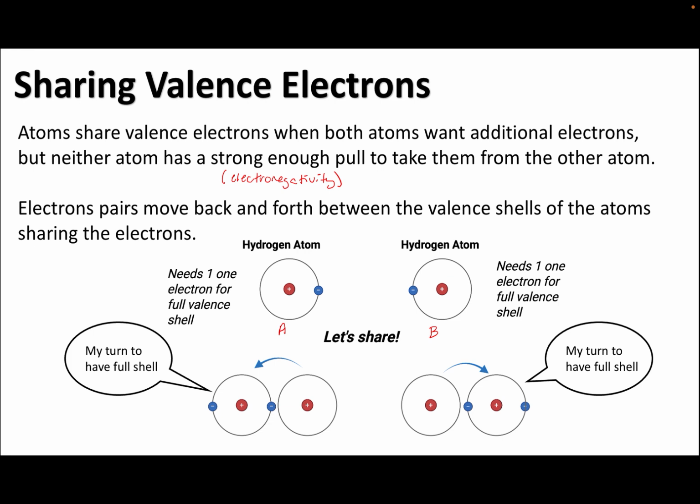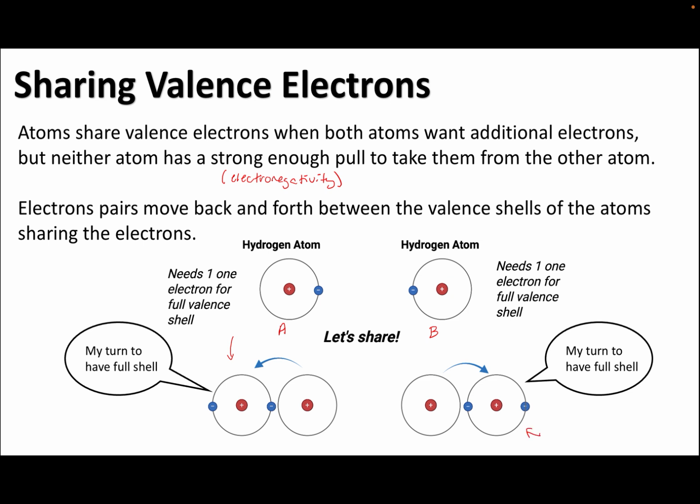So kind of how that's going to look is that in this iteration here, we can see that hydrogen atom A has custody, at least for the moment, of both of these electrons. And so at this point, its valence shell is filled, and so it's kind of in that stable state. At some point, those electrons are going to drift closer or into the valence shell of hydrogen atom B, which we see over here.